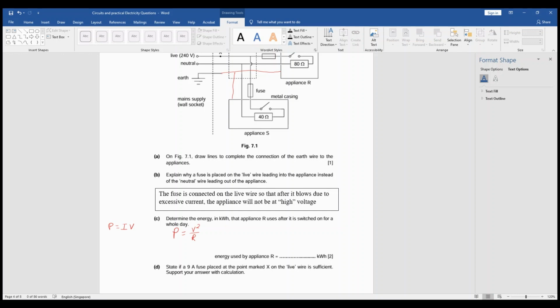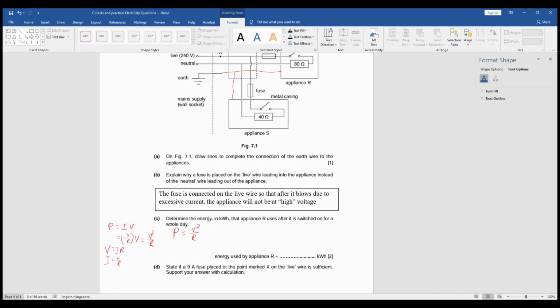If we substitute our Ohm's law equation to replace I, because V equals IR, so I is equal to V over R. So if I sub this in here, I will become V over R times V. So you'll get V square over R. Okay, so that's how you get V square over R.